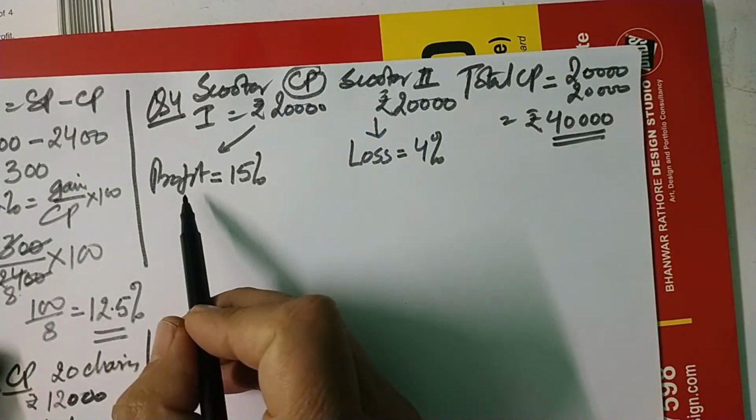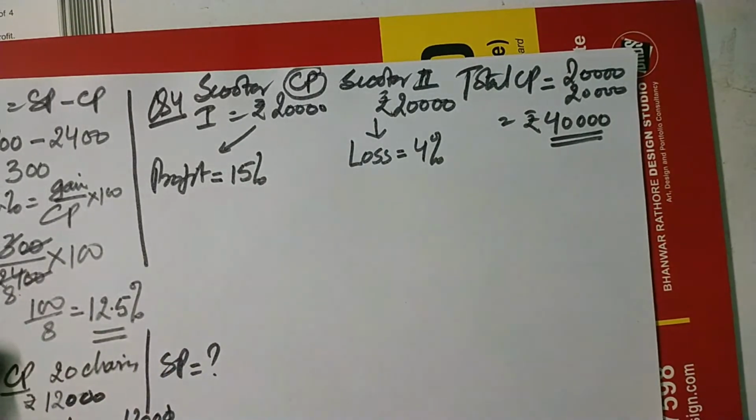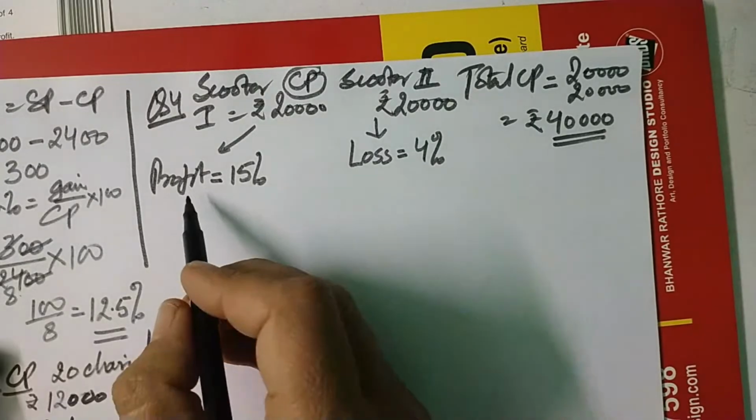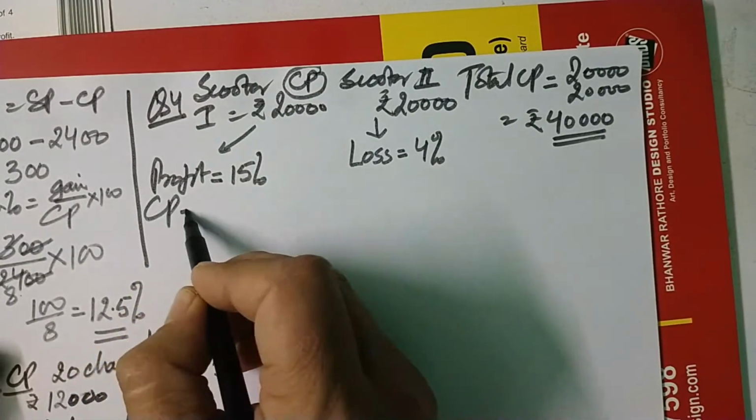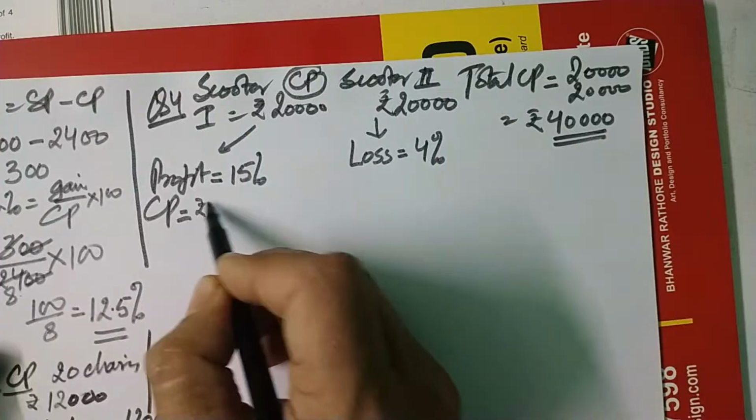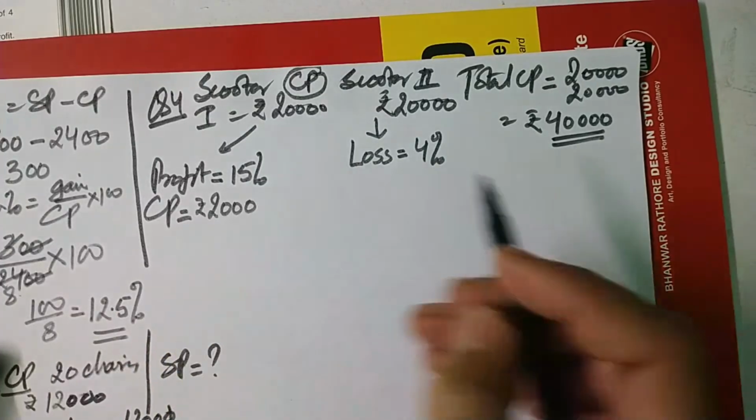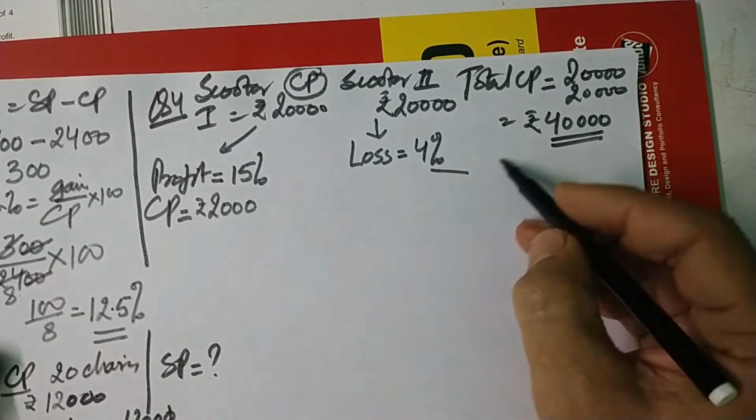Now he is selling the first scooter at a profit of 15% and the second scooter at a loss of 4%. So wherever there is profit or loss, we should know what is the CP. CP is rupees 20,000.